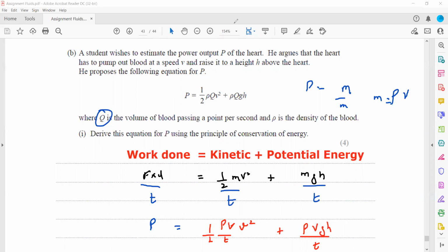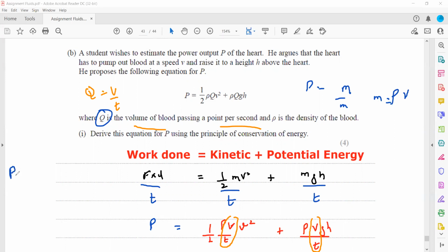Now in the question they mention that this Q is volume per second. So basically Q is equal to V divided by t. This term is V divided by t, and this is also V divided by t. So when we substitute Q in place of V divided by t, what is the final equation?